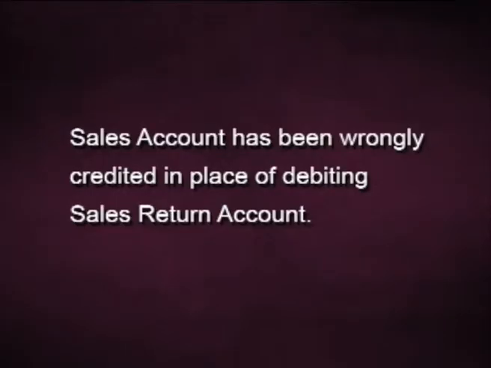Further, recall that during previous lecture, we understood that errors of subsidiary books are by default transferred in respective ledger accounts, as the total of subsidiary books are periodically transferred to respective ledger accounts. I hope with this you understand that due to this error, sales account has been wrongly credited in place of debiting sales return account.